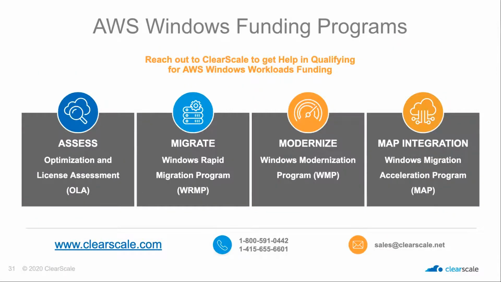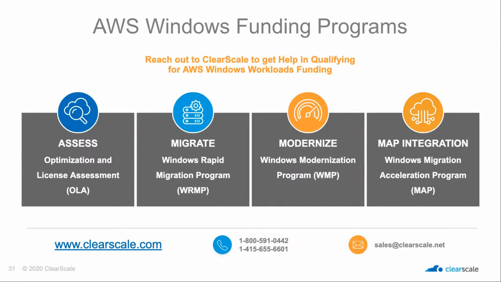Now, some of the AWS partner funding programs are exclusive to Premier partners. ClearScale is an AWS Premier partner, so we're able to take advantage of these. We have optimization and license assessment. We have the Windows Rapid Migration program. We have a modernization program where we can do something similar to the offering before. And MAP integration.